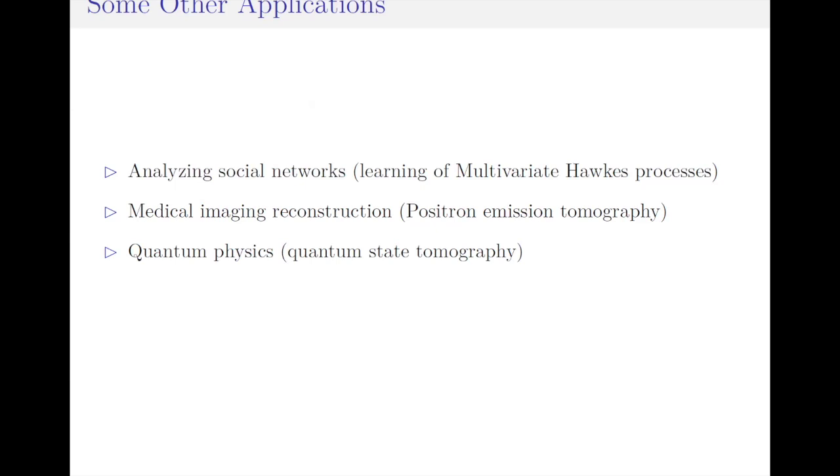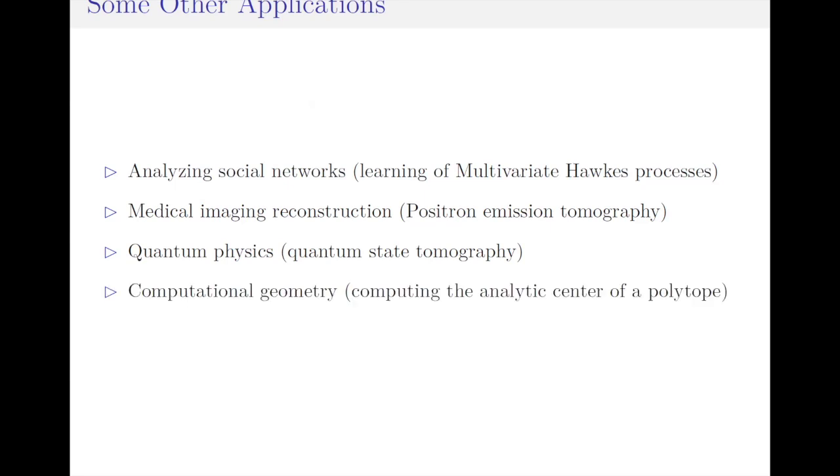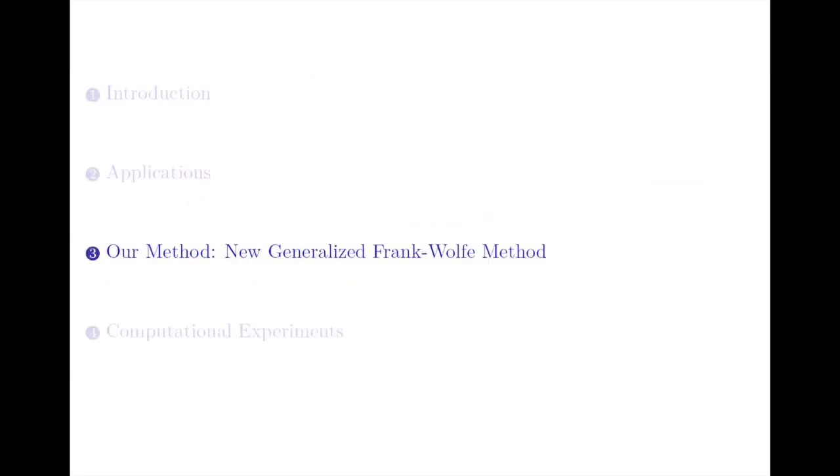In quantum physics, there's something called quantum state tomography, where the optimization variable is a positive semi-definite Hermitian matrix, because this type of matrix encodes the quantum state. And in computational geometry, we want to compute the analytic center of a polytope. This is also one application. So this problem class includes many applications, but due to time constraints, we cannot introduce everything.